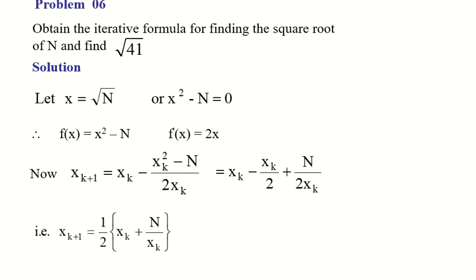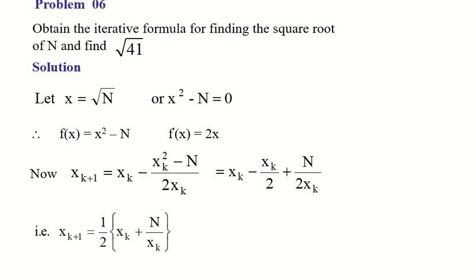Obtain the iterative formula for finding the square root of n and hence find root of 41. This is a different kind of problem, which are the applications of the Newton-Raphson method. In such problems, you take x is equal to root n.